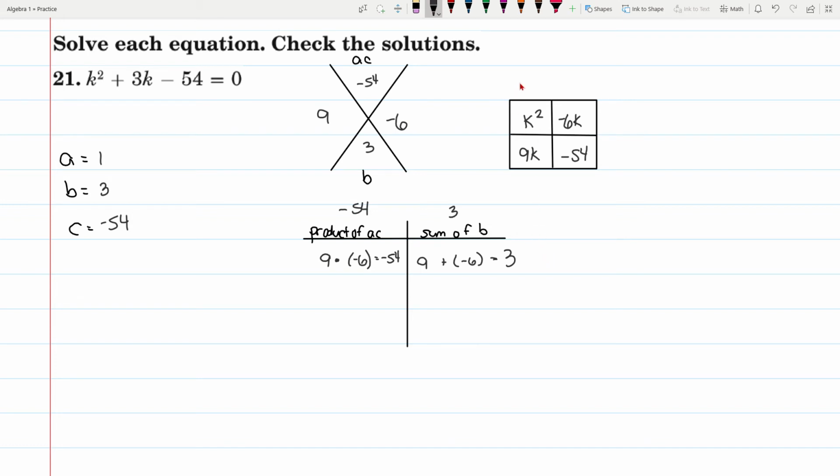Get your greatest common factors out of here. k minus 6 and k with the 9. And so you have your equation now. k minus 6 times k plus 9 equals 0.